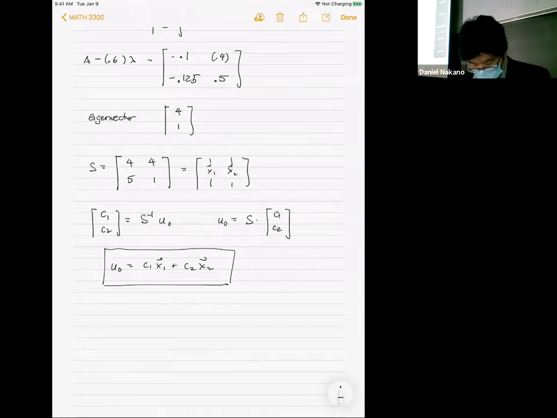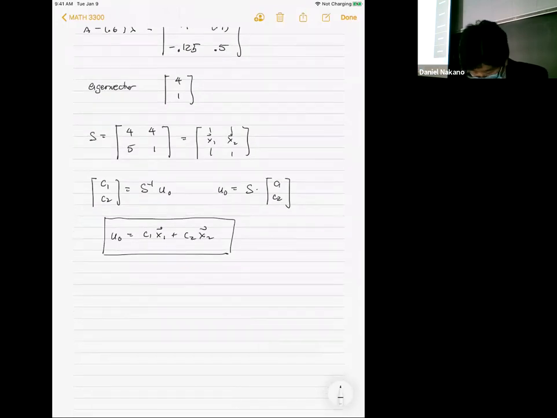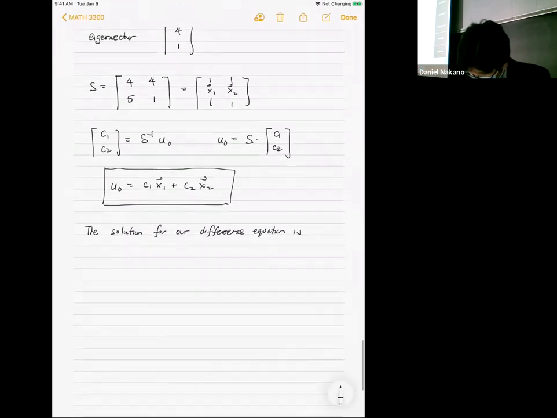All right. So the solution for our difference equation is, well, we have u_k. This is C1 lambda1 to the k times x1 plus C2 lambda2 to the k times x2.